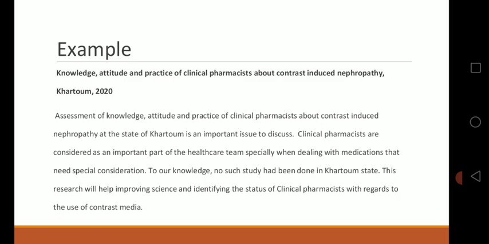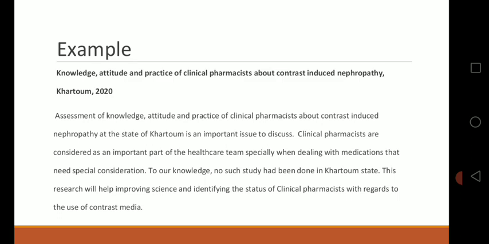Then we said that this research will help improve science and identify the status of clinical pharmacists with regards to the use of contrast media. So I formulated the section that is called justification of the research.